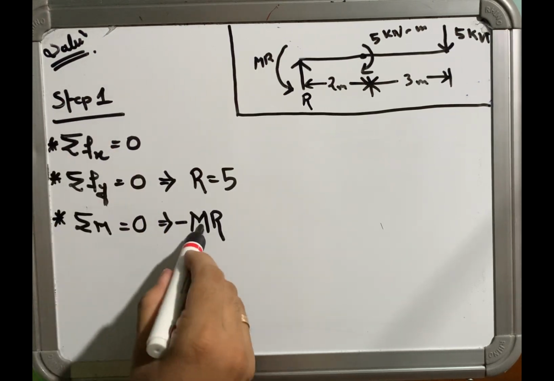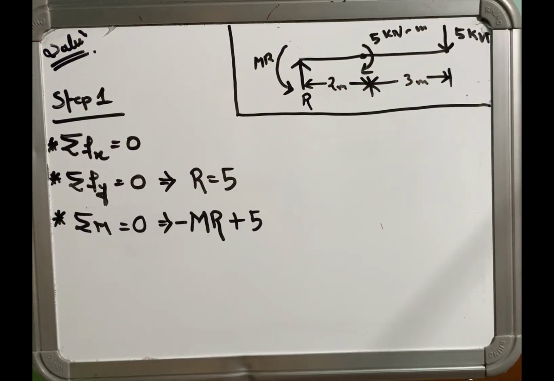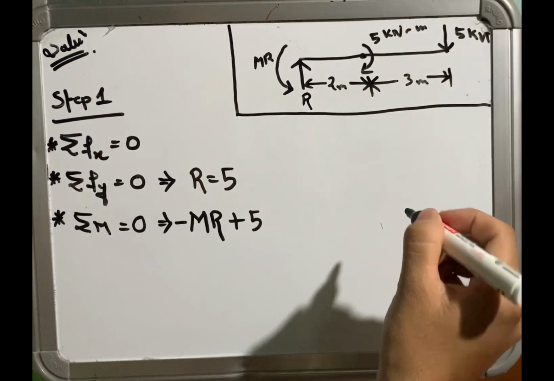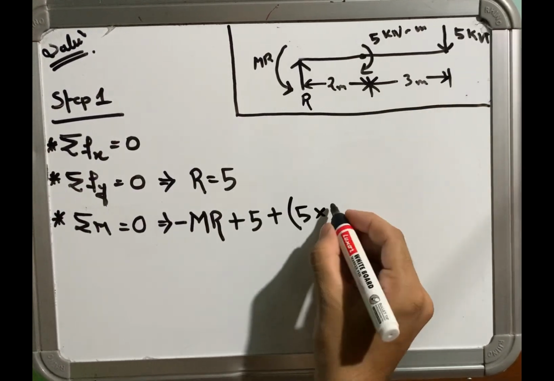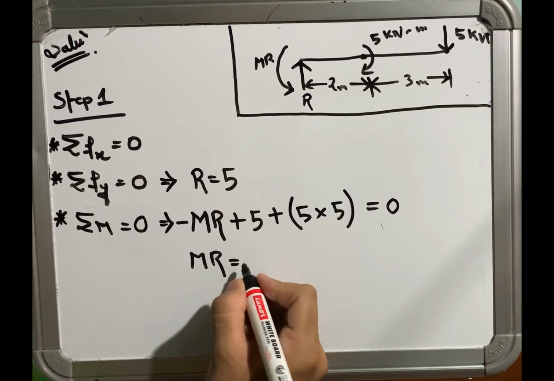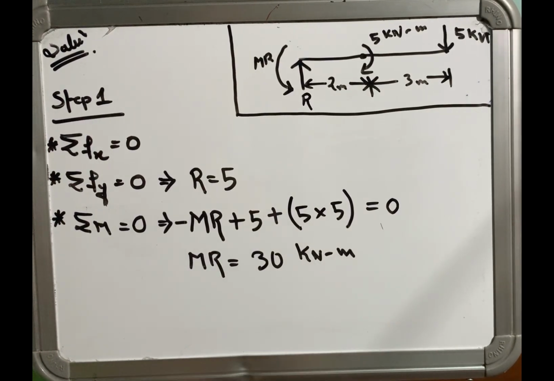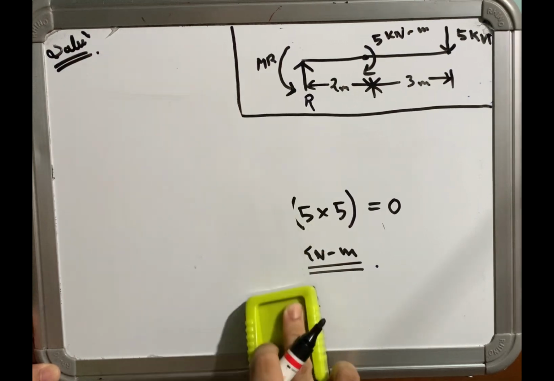The 5 kilonewton meter moment will be plus because it is clockwise. The point load is also coming clockwise, that's why it is plus, and 5 into the distance, so 5 into 5. After simplification we get MR, the moment reaction, as 30 kilonewton meter. So we got the moment and the reaction from step 1.